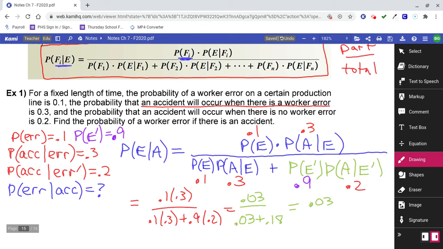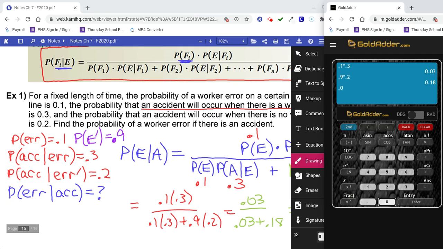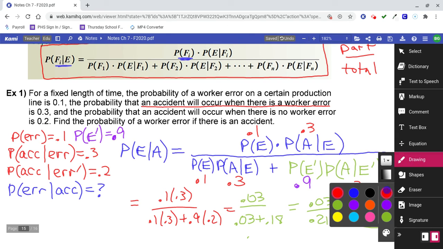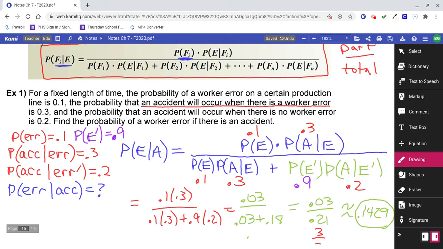So 0.03 over 0.21 is 0.1429, or if you notice, that's 3 over 21, which reduces to 1/7. So it's exactly 1/7, or it's approximately 0.1429. Either way, that's the probability of E given A. Probability of E given A equals 1/7.